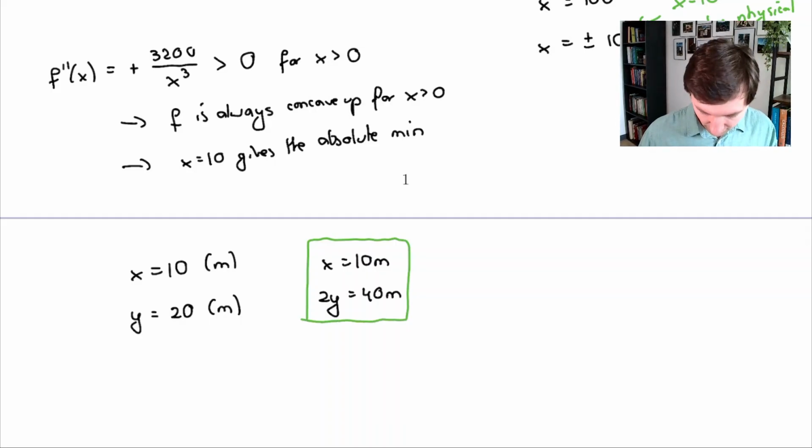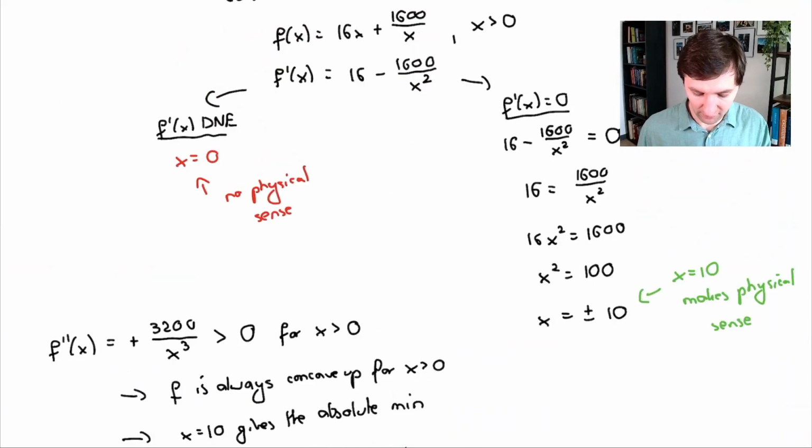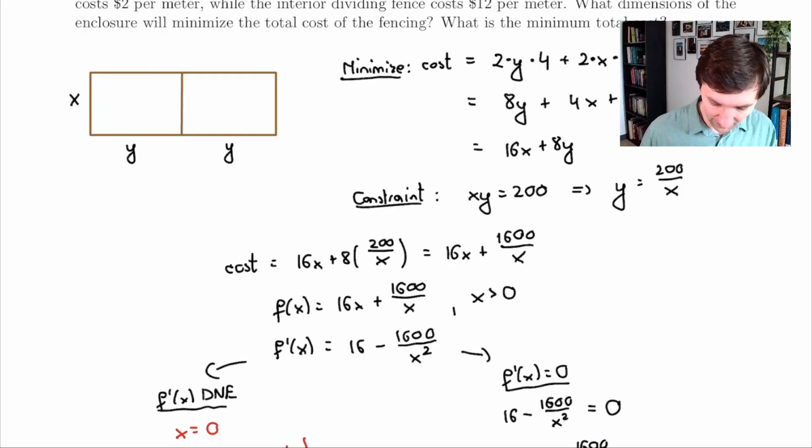These are the dimensions that will minimize the cost of the enclosure. What is that minimum cost? Thankfully, we have a formula for the minimum cost. The formula is 16x plus 8y. Let's plug in x equal to 10, y equal to 20, and see what we get.